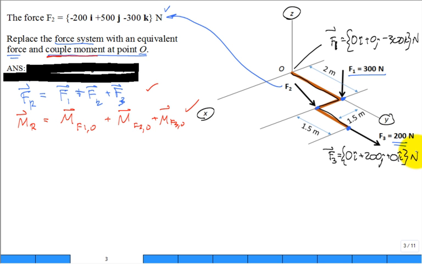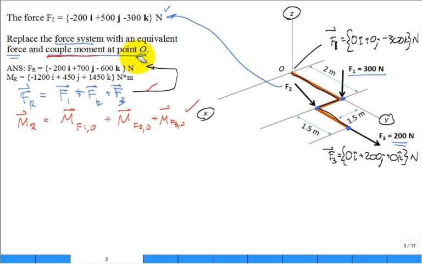And we're going to need those. But we can now add it up, and let's just say that we've done this before, so you can do the math on that one, and you'll get the resultant force is negative 200 in i, 700 j, and negative 600 k newtons.